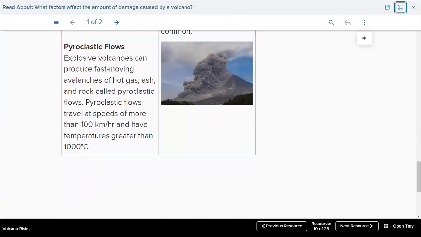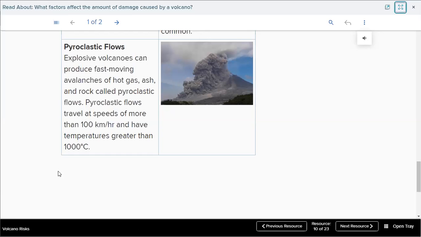Pyroclastic flows travel at a speed of more than 100 kilometers per hour and have a temperature greater than 1000 Celsius. So 1000 C means Celsius. C is the measuring unit of temperature called Celsius.